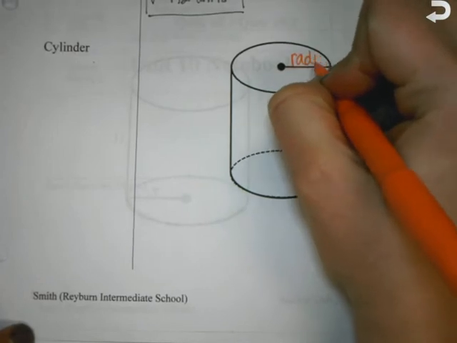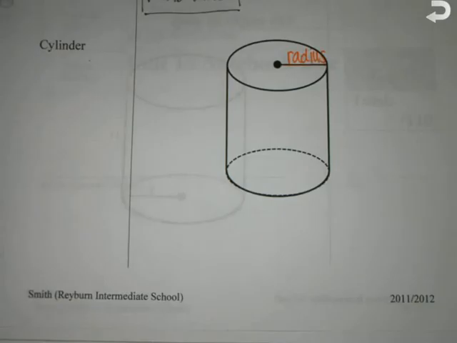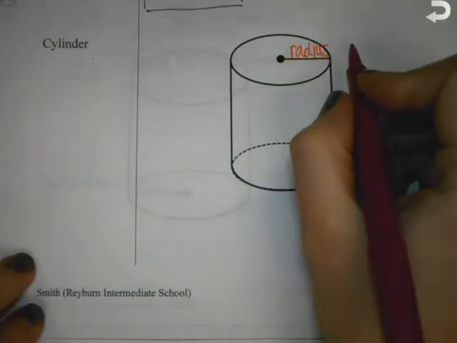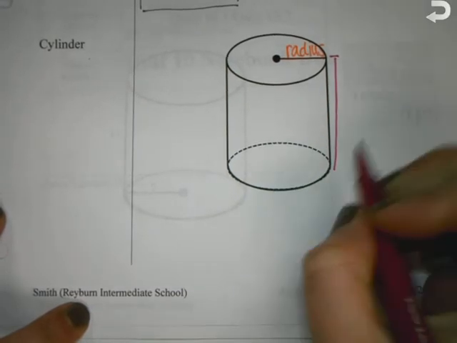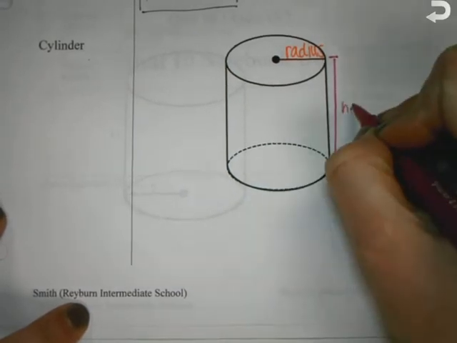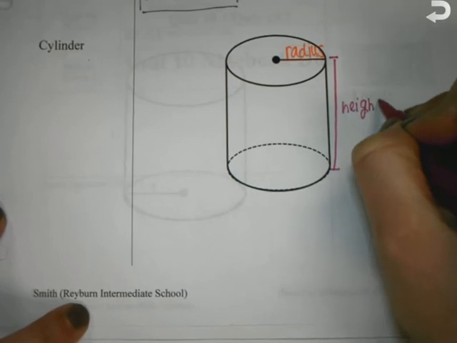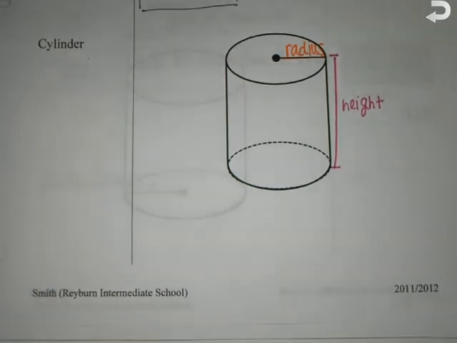Okay. And then to find volume of a cylinder, we also need to know what the height is. So here is your height. Okay, so radius and height. We're just labeling the parts right now, and I'm going to give you the formula. Okay, so turn to the back page, and we're going to use the formula.